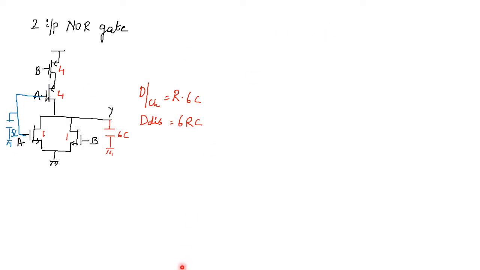Now let's see what happens if we cascade a NOR gate with another NOR gate, and let's find out what the charge and discharge times are at this point.